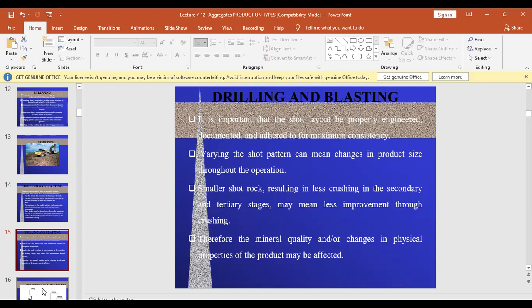Not only is it dangerous, but if you vary the shot patterns, if you vary the distance, you can change the product size throughout the operation. Smaller shot rocks result in less crushing in the secondary and tertiary stages. If you have mineral quality and physical properties, the product may be affected.